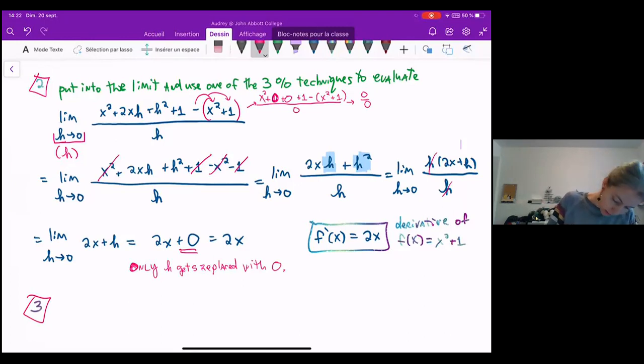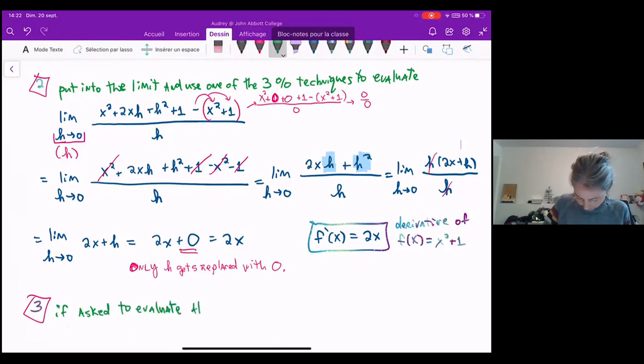If asked to evaluate at a specific value, plug in. Okay, so if you're asked to evaluate a specific value, which you will not always be, plug in.